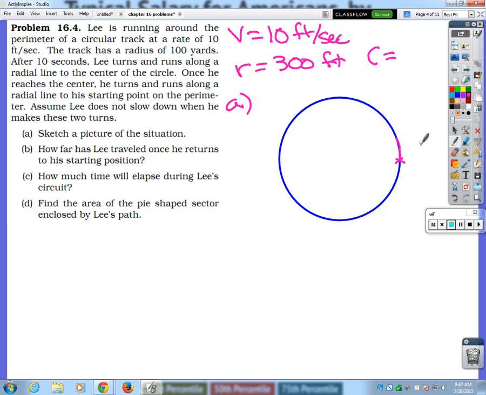I'm just trying to see how big of a track. 1,884. So 1,800 feet, like 1,900. So if he's going to go 100 feet, he's not going very far, right? On the track. So he's only going to get to here, and then he turns for some strange reason, goes to the center, and then comes back out.